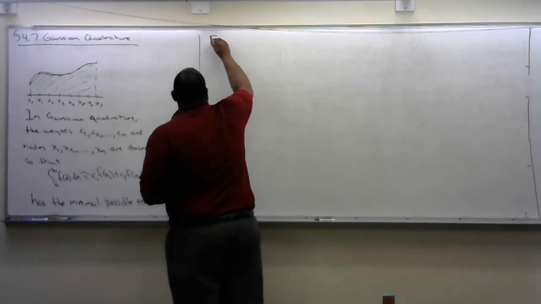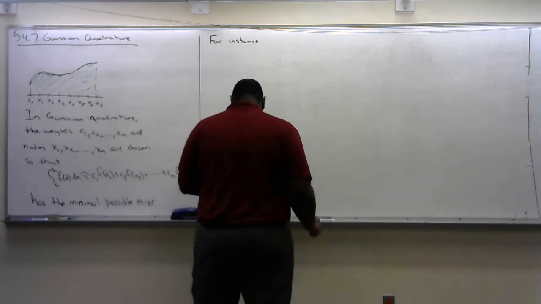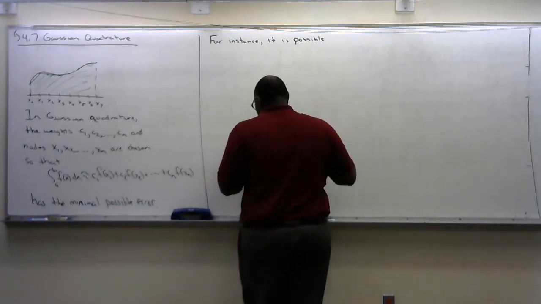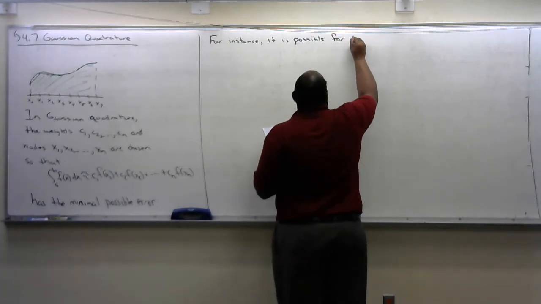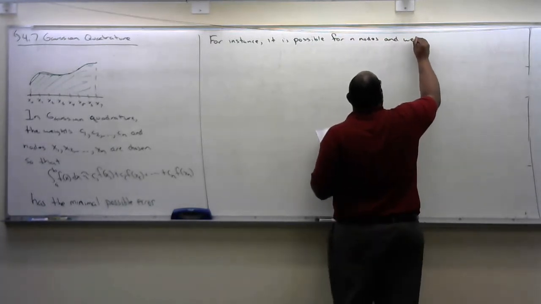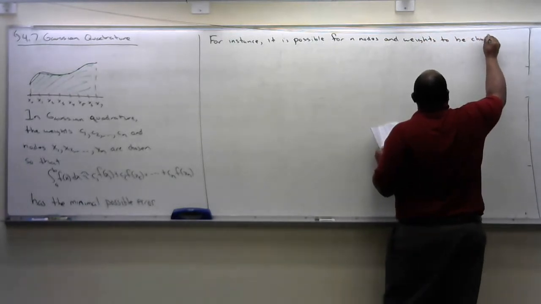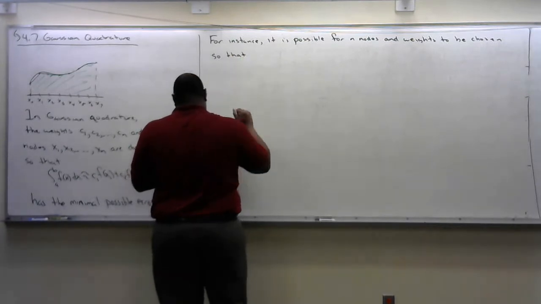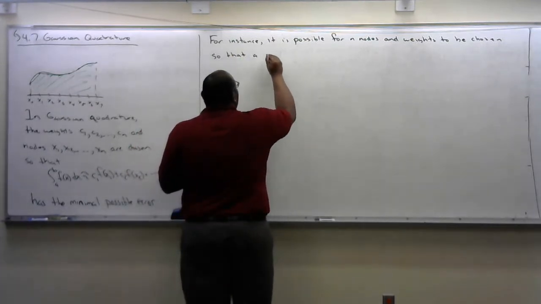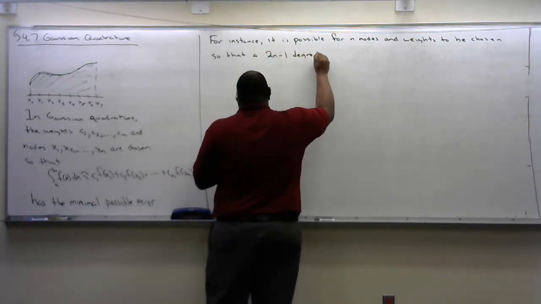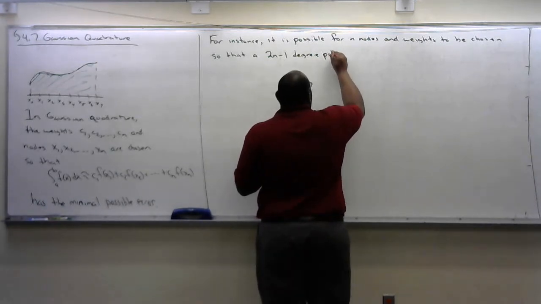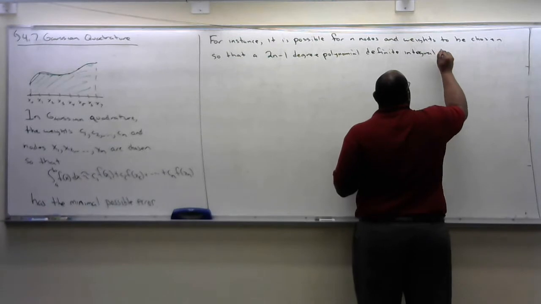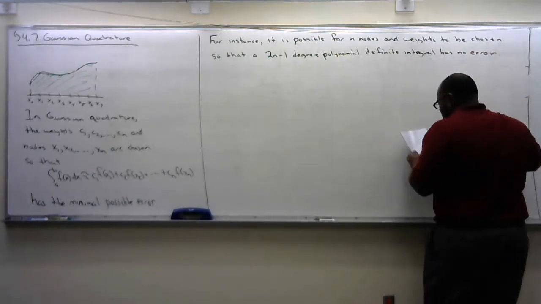For instance, it is possible for n nodes and weights to be chosen so that the definite integral of a 2n minus 1 degree polynomial has no error.